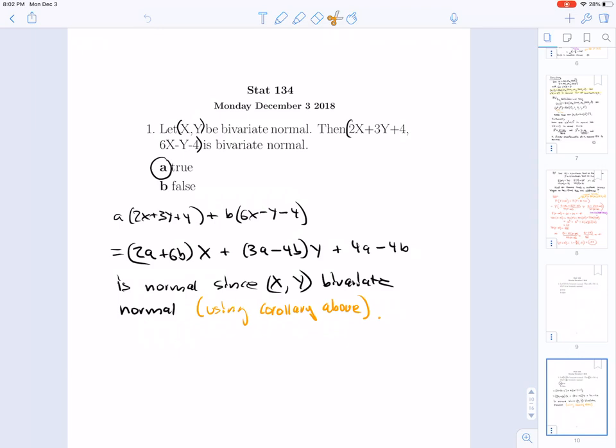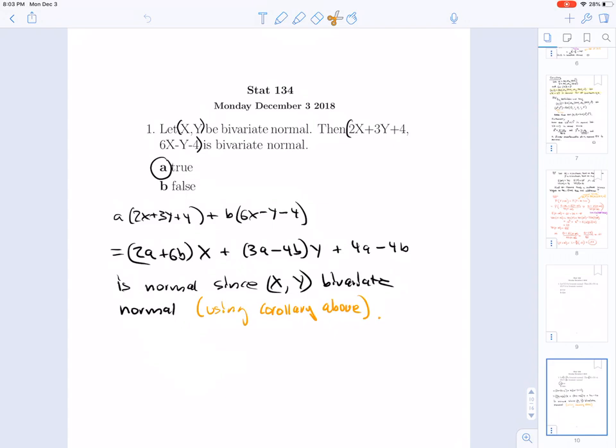Any linear combination of 2X plus 3Y plus 4 and 6X minus Y minus 4 can be written as a linear combination of X and Y, so it's going to be normal, and adding a constant to a normal is normal.